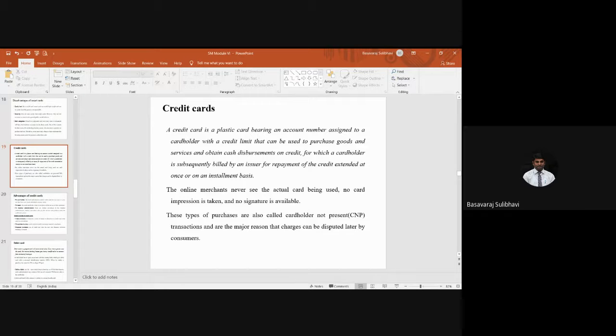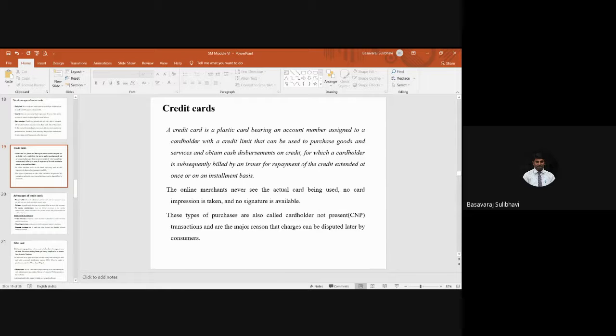Also, this type of purchase we call card holder not present. At the time of transaction, the card can be used even if the card holder is not present, so these are called card holder not present transactions.